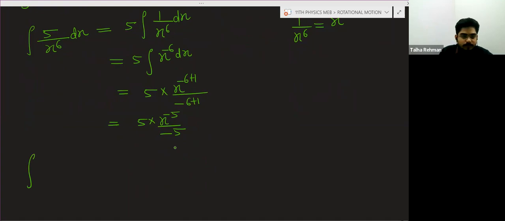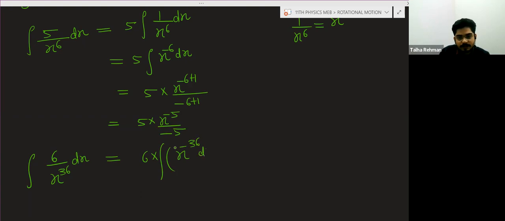Another question. Suppose it is written 6 divided by x to the power 36, and you have to integrate this. So how will you integrate now? You will integrate it like this. This can be written as x to the power minus 36 into dx.